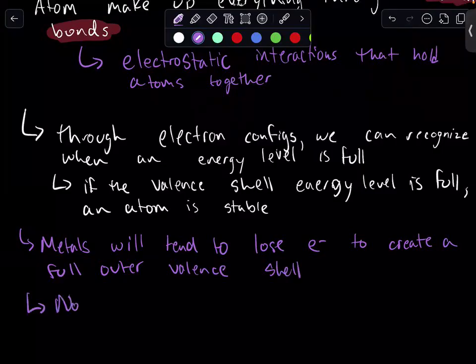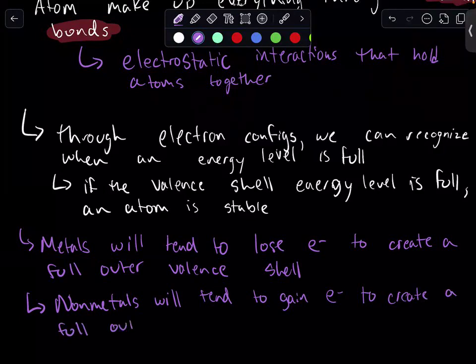However, nonmetals, being the opposite, will tend to gain electrons to create a full outer valence shell.